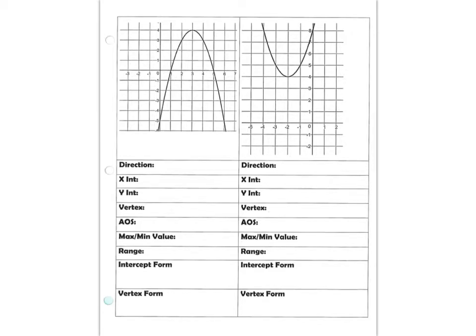Okay, so the next one opens down. I have x-intercepts at 1, 0 and 5, 0. A y-intercept at 0, -5. My vertex is at 3, 4.